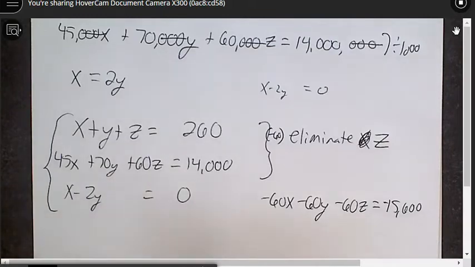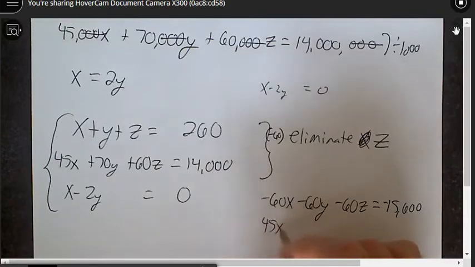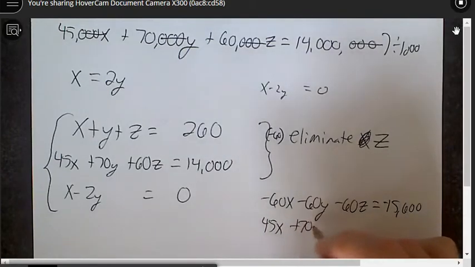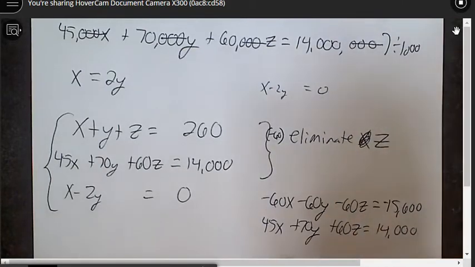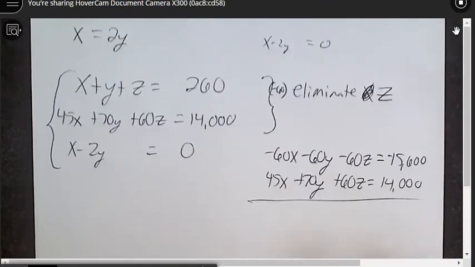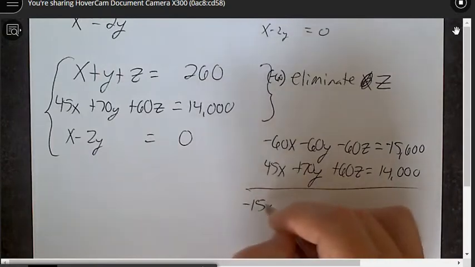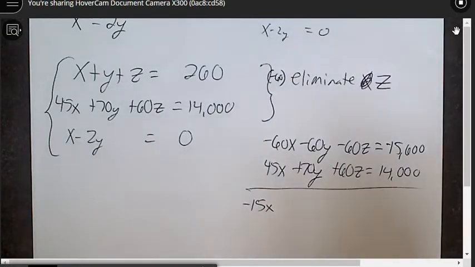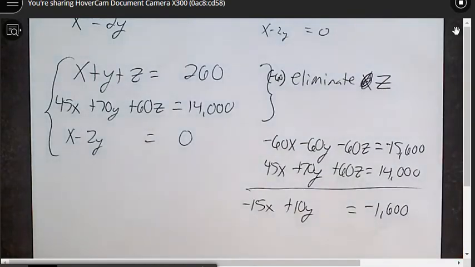Okay. And then we're just going to add that to this equation that's here. So that's 45x plus 70y plus 60z equals 14,000. Put all that together, and we have negative 15x plus 10y equals negative 1,600.